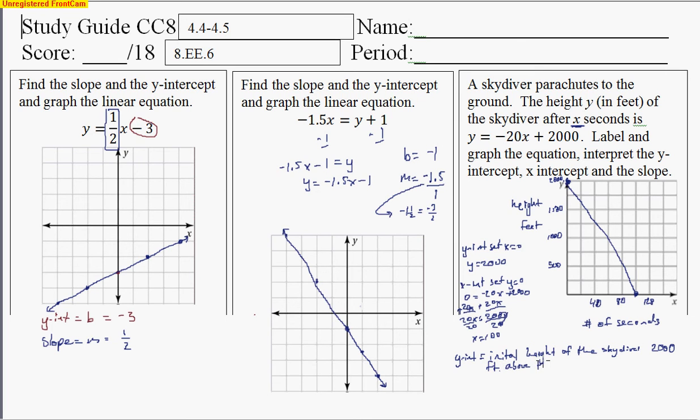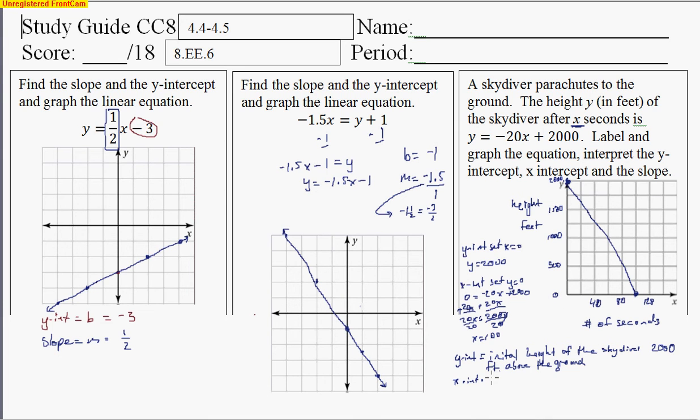Then we found out what the x-intercept was. The x-intercept is time. So at this time, at 100 seconds, he is 0 feet. 0 feet, so that means he's on the ground.